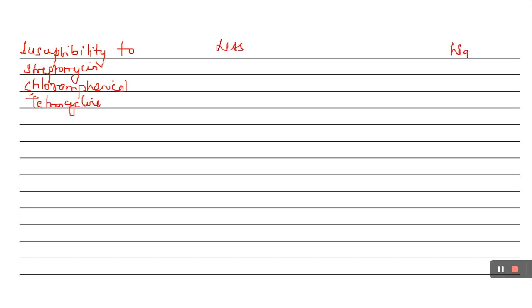Okay, then susceptibility to another antibiotic, streptomycin, chloramphenicol, and another is tetracycline. So these are the ones with which the gram positive bacteria are less susceptible, and these are highly susceptible.